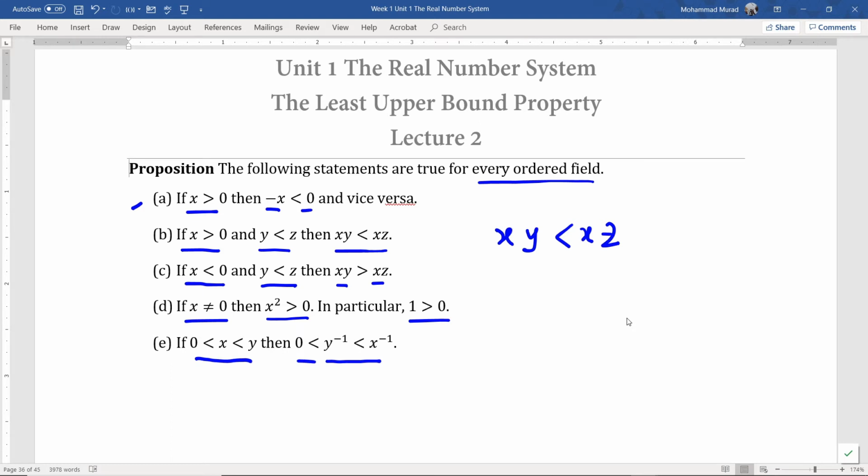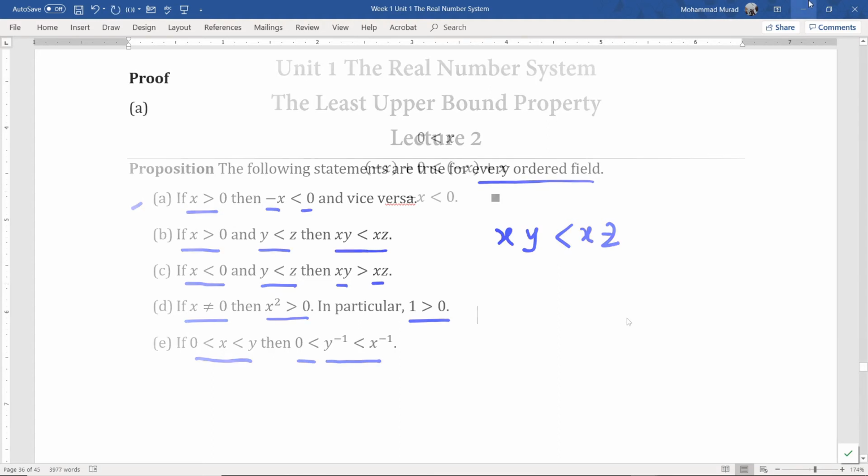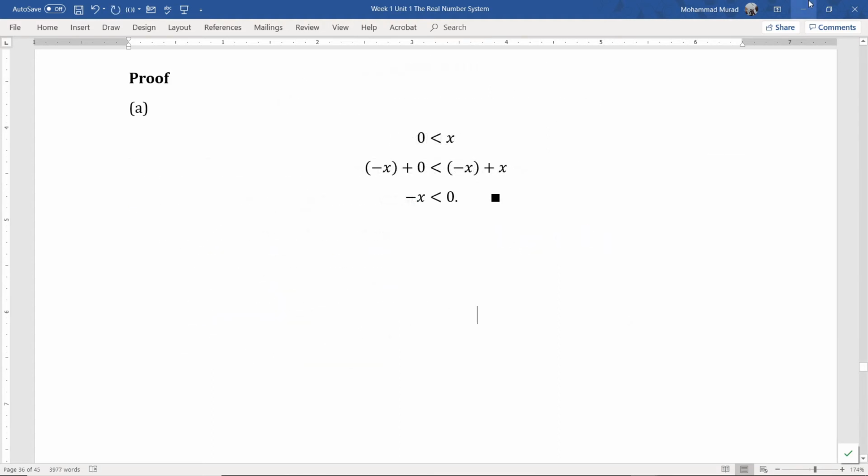So the bigger the field element, the smaller the multiplicative inverse. Let's try to prove statement A. We have x is positive, and then by applying property 1 of the ordered field, if y is smaller than z, then x plus y is smaller than x plus z.